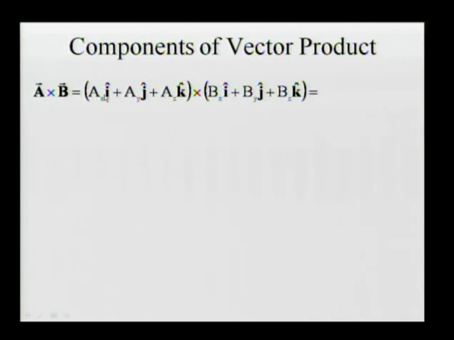Ax times i is the vector component of vector A. And I expressed vector A in what terms? Well, you can say in terms of vectors i, j, and k, right? But I want you to use a nice scientific phrase.